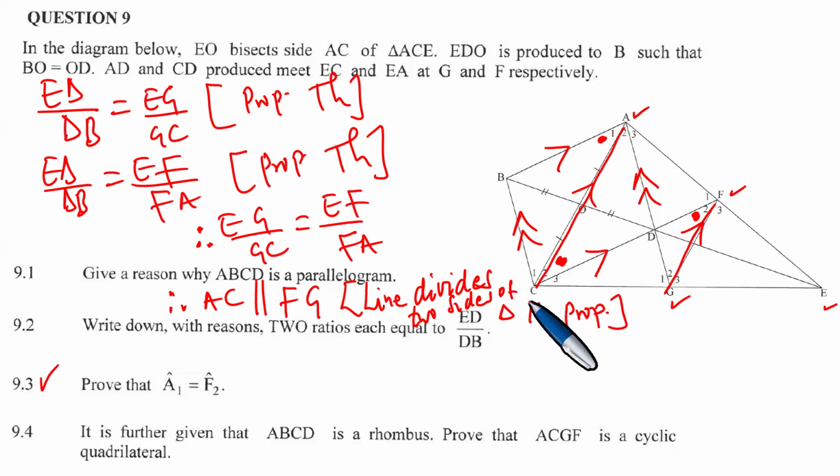Okay, AC is parallel to FG. If we lose you, please forgive me, it's the network, or whatever the reason.